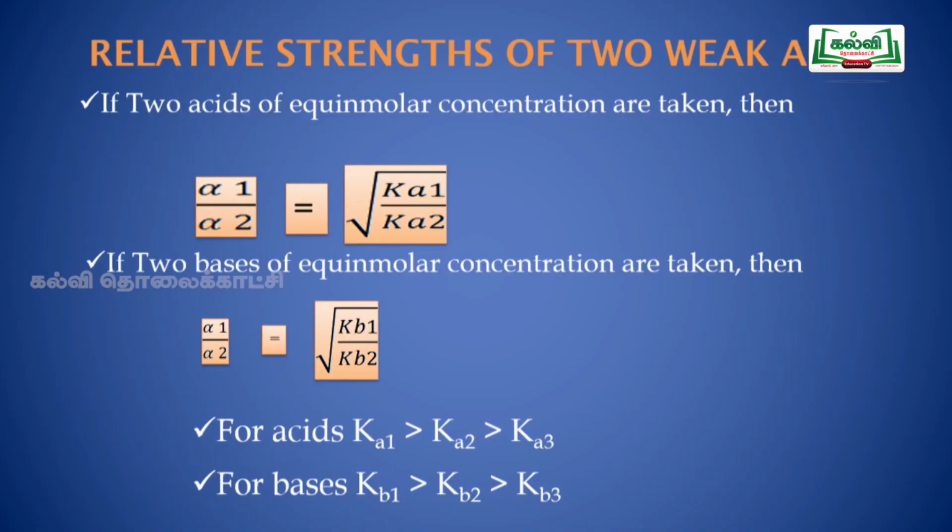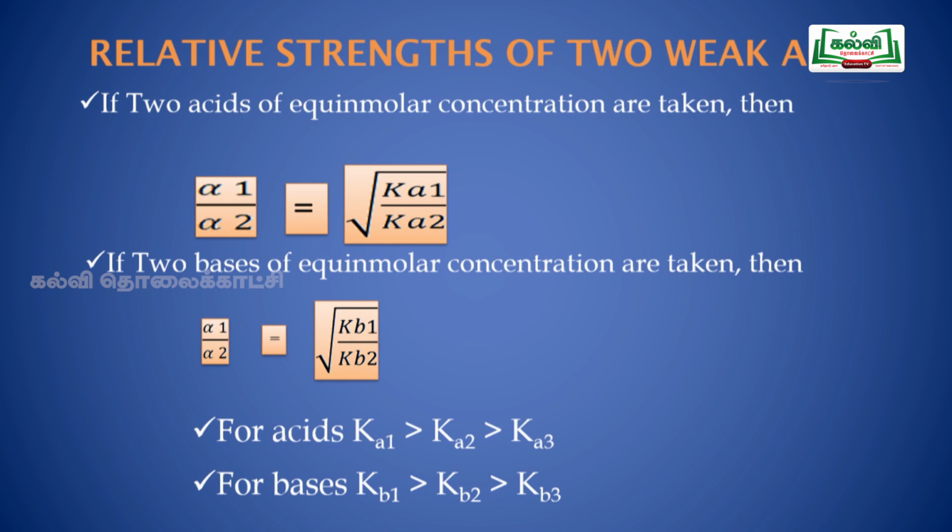Okay, the next part is relative strength of two weak acids. For example, we know already in Ostwald's dilution law, alpha is equal to root of Ka over C. Now, if two weak acids of equal concentrations are taken, for the first acid put the degree of dissociation as alpha 1, for the second acid put the degree of dissociation as alpha 2.